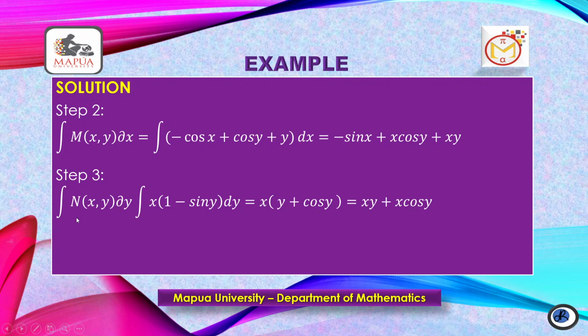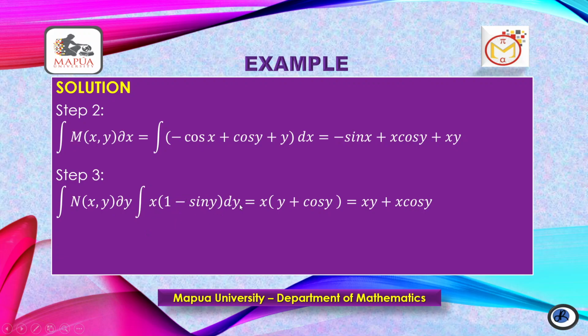For the integral of N as the coefficient of dy, it can now be integrated with respect to dy. So we have x times the quantity 1 minus sine y dy, and x is considered constant here. Then we just evaluate the 1 minus sine y.